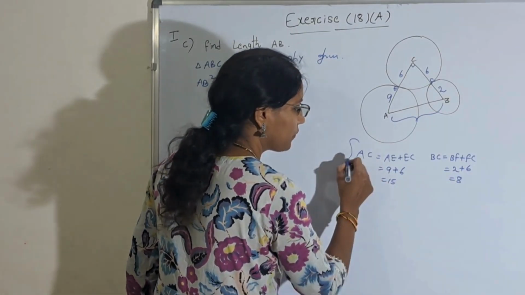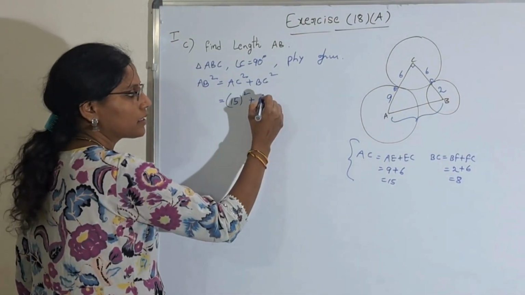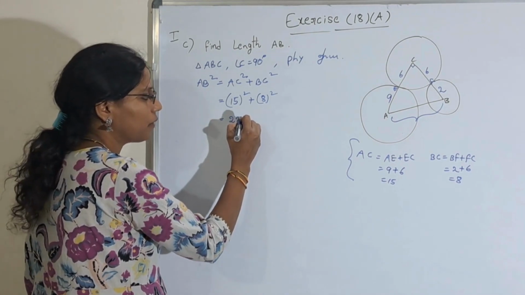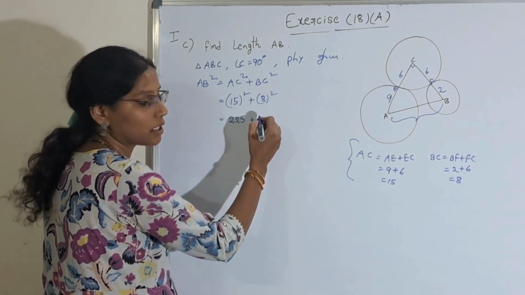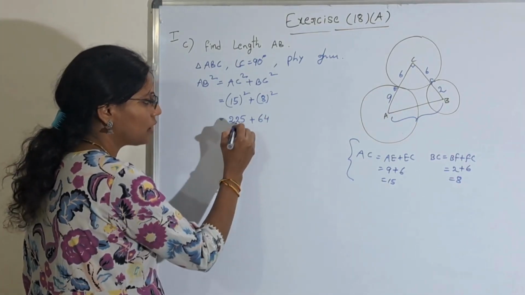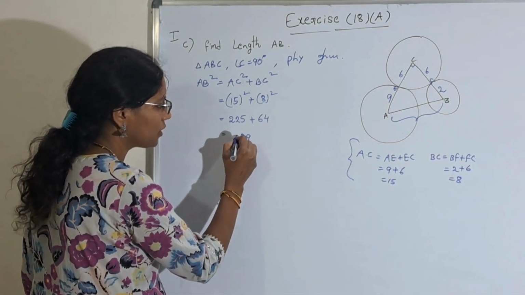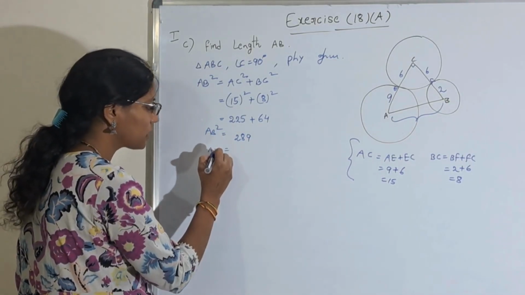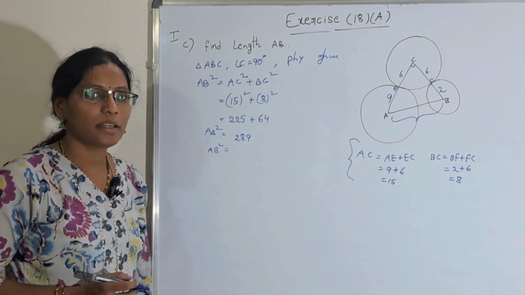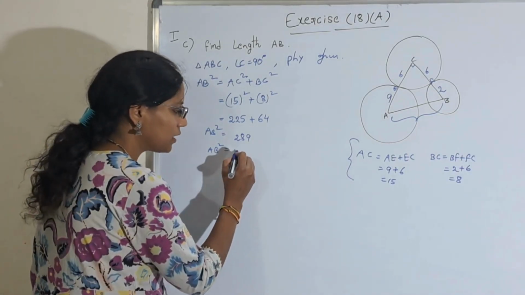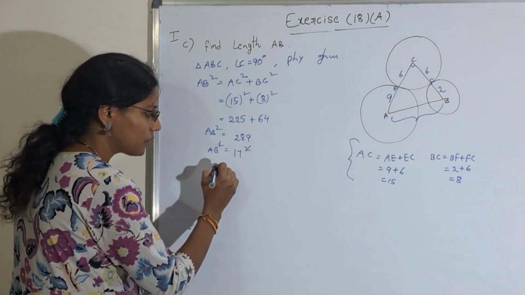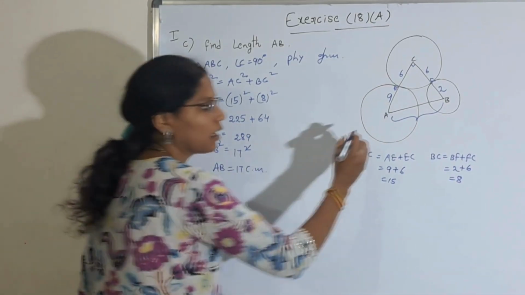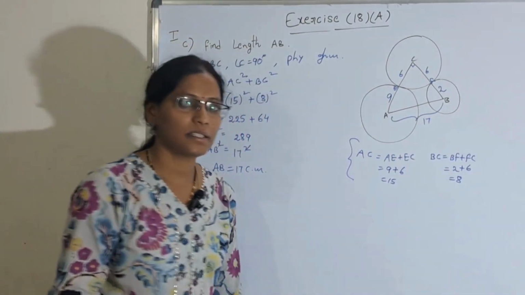Here 8 it will come. 8 square. 15 square is 225 plus 8 square is 64. Here 289. AB square is equal to 289, which is a perfect square. 17 square it will come. Square root cancel. AB is equal to 17 centimeters.